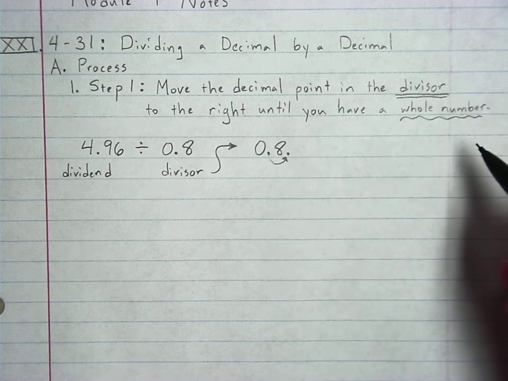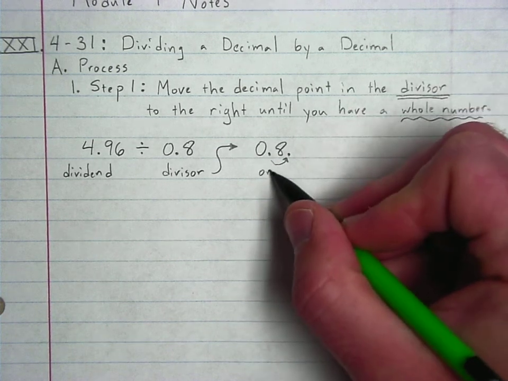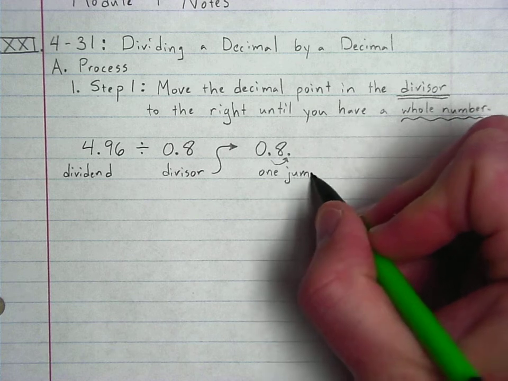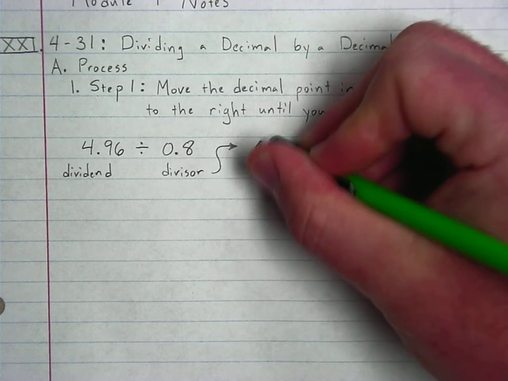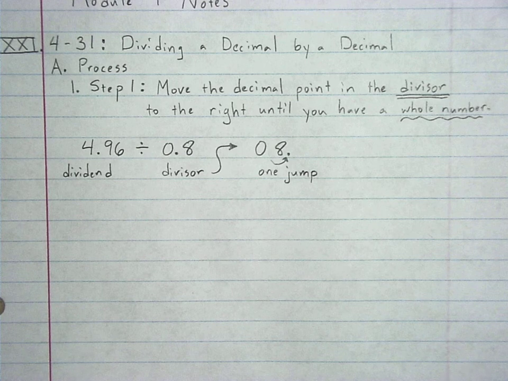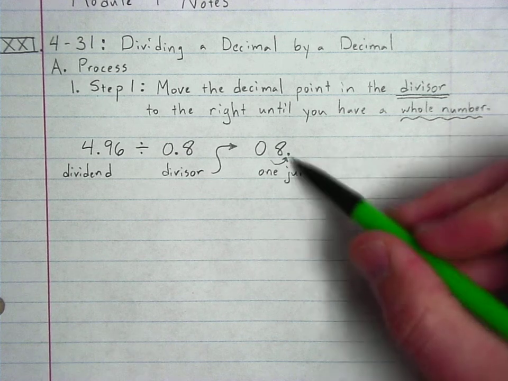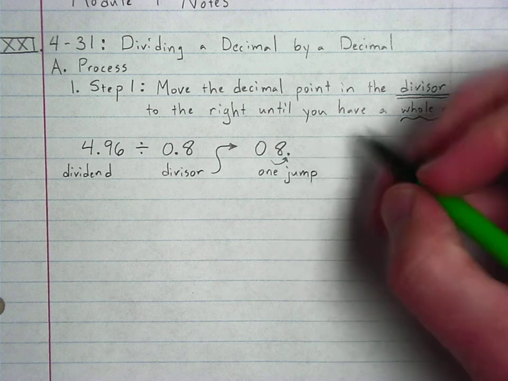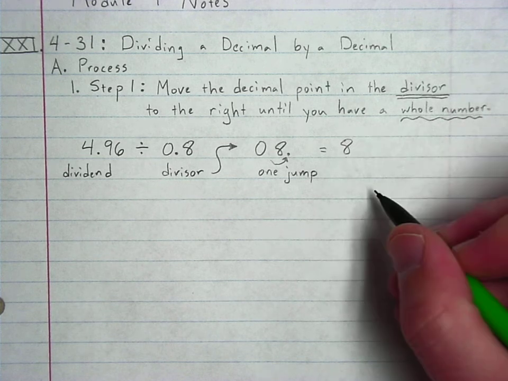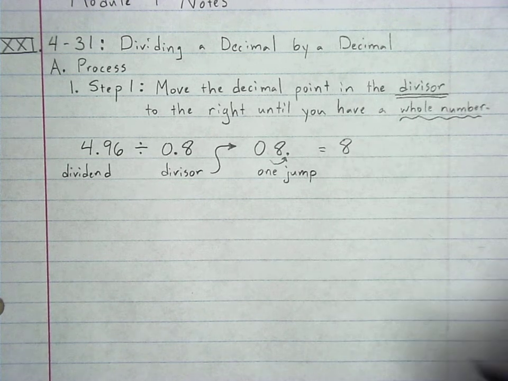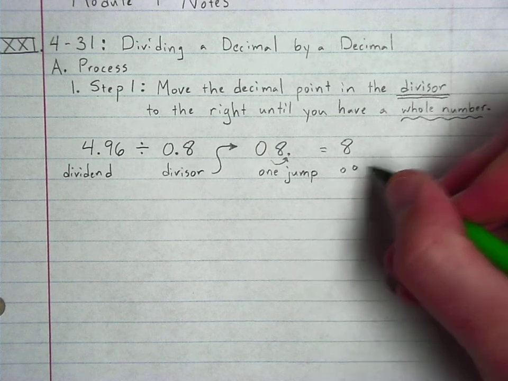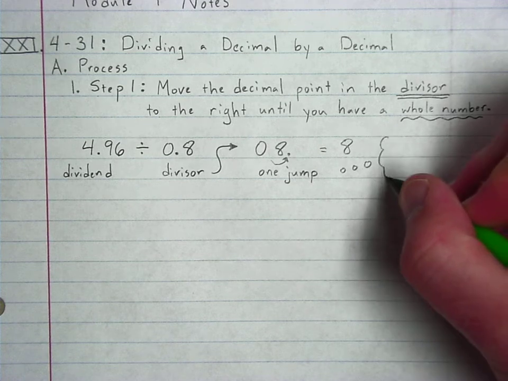Now in this case, we only need to move it one jump. I'll go ahead and erase that first decimal because it's not there anymore. We jumped it. All right. This will be equal now to 8. The part where this connects to what we did before, what's actually mathematically happening here.